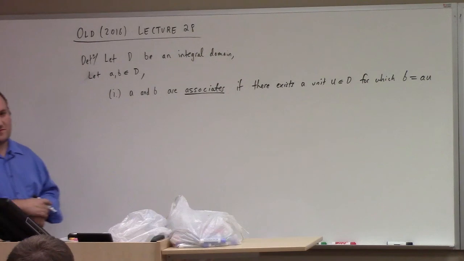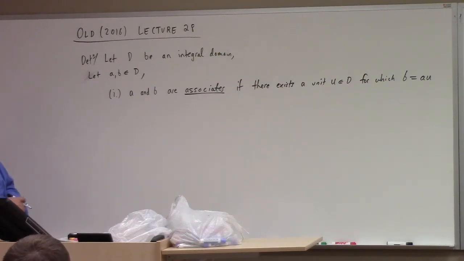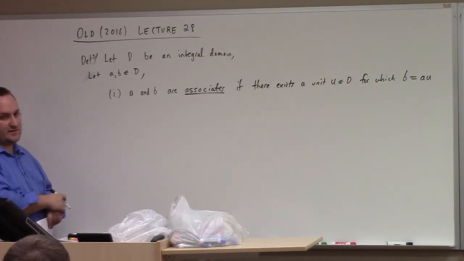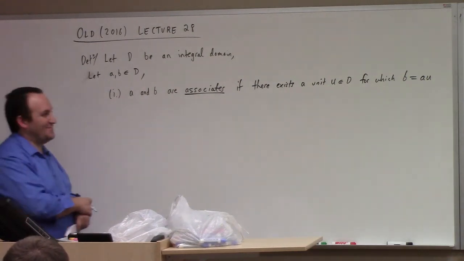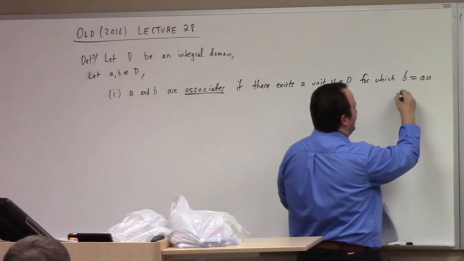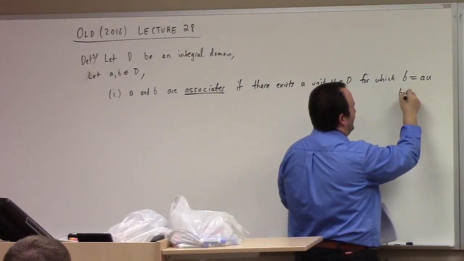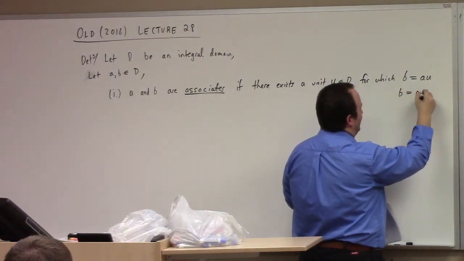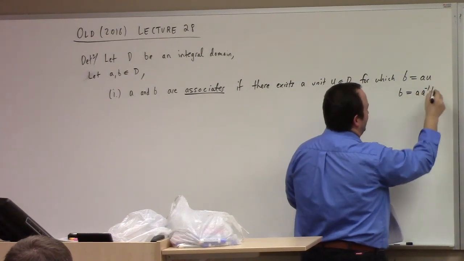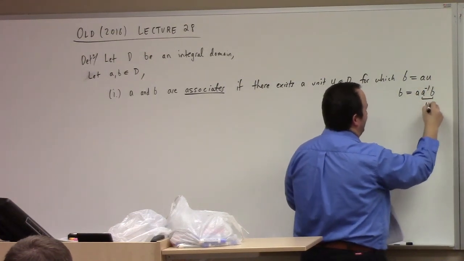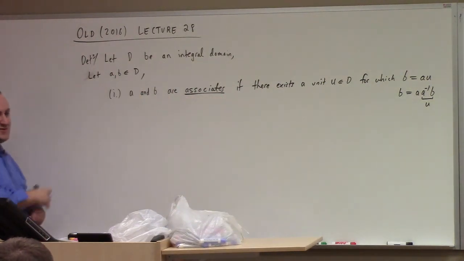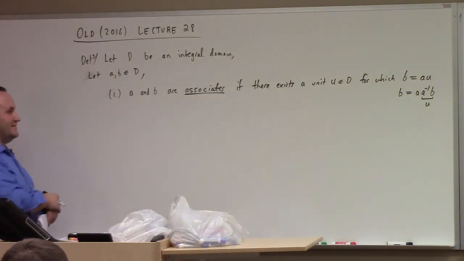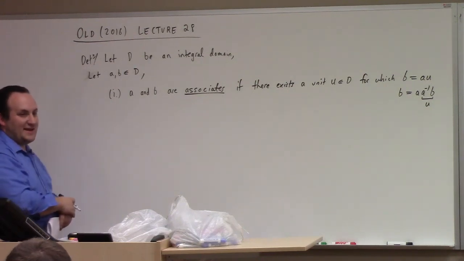I think zero is associated to zero, but associate doesn't assume non-zero. Yes, everything in it, right? Because you can just say B is equal to A inverse B times A, so this is a unit. And a field's commutative. So this is not a particularly interesting idea in a field, is it? Okay.